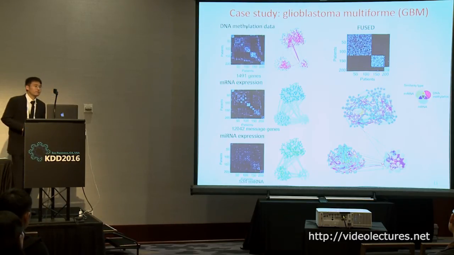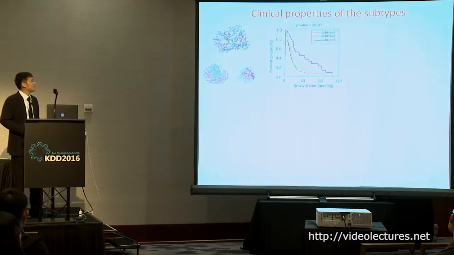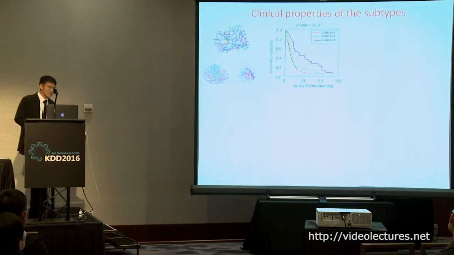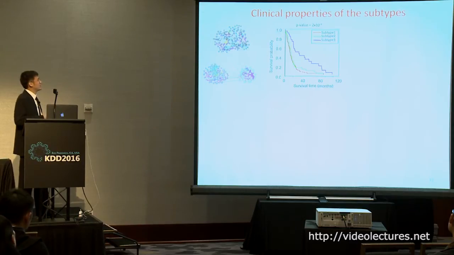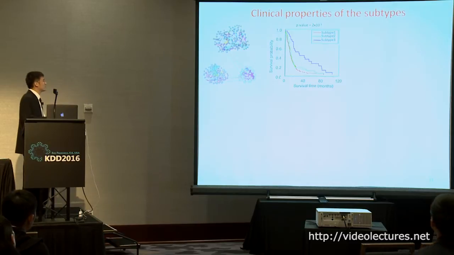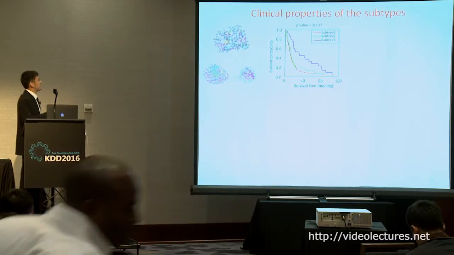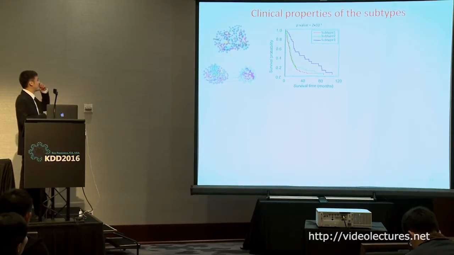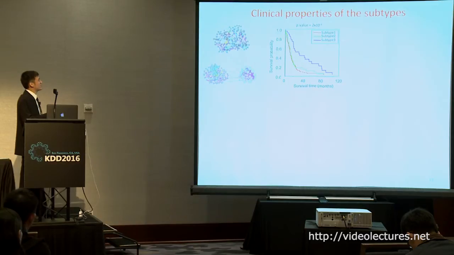And for this study, I think the interesting part is that the authors also study the subtypes of these three different networks. For example, they find three different subtypes of GBM, this cancer, and they also analyzed the three different subtypes.